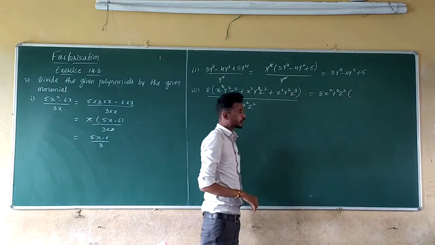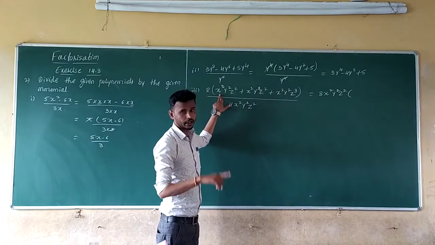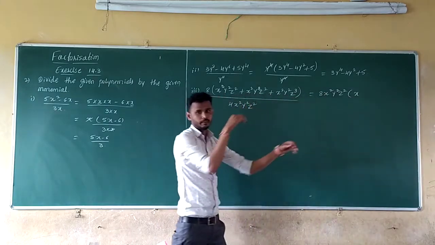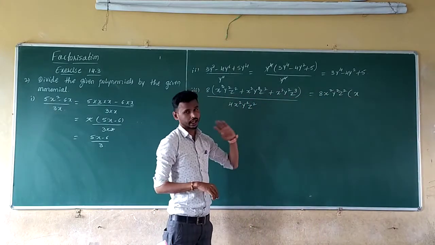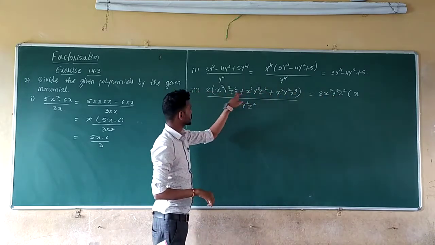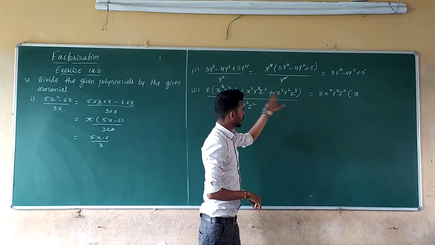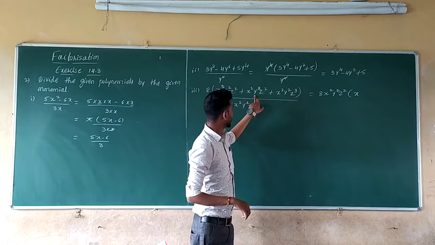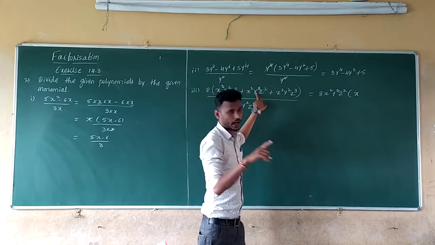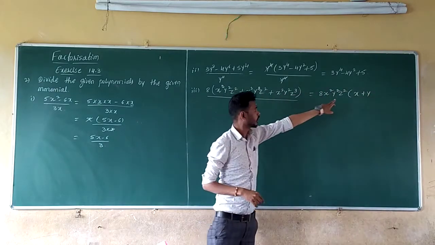Now what will remain? See, we have taken x square common. So in the first term, how much remains? 1, that means x raised to 1, that is x. We have taken y square and z square common, so only x remains here. Here x square we have taken common, y square also, so how much will remain? y raised to 1, that is y, and z square also we have taken common.